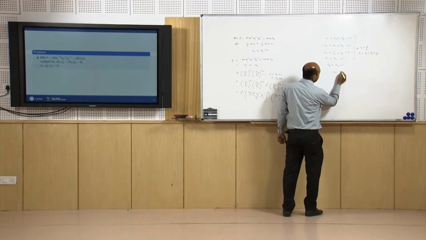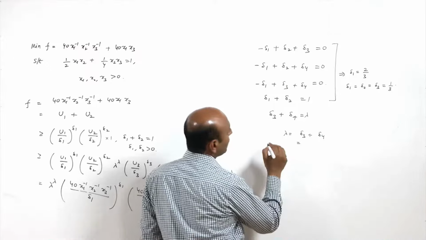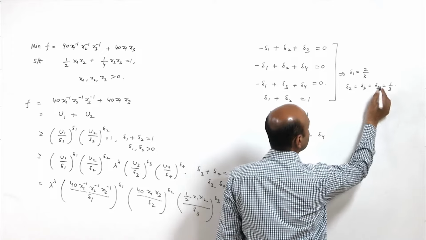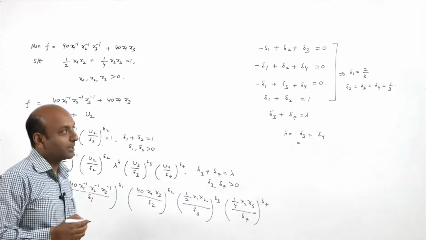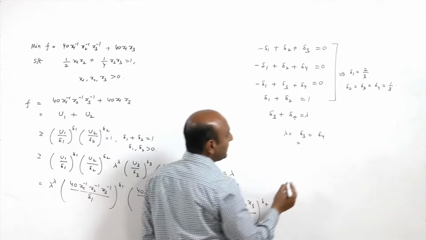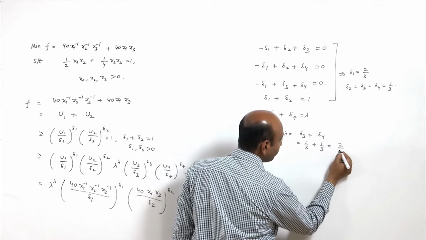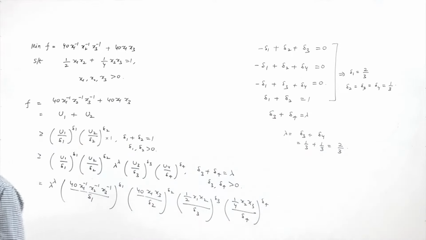Lambda is nothing but delta 3 plus delta 4, which is 1 by 3 plus 1 by 3, that is 2 by 3. In this way we can find out the values of deltas and lambda.